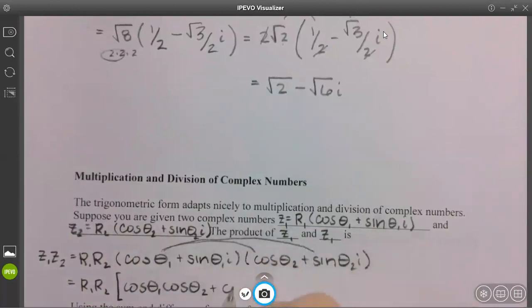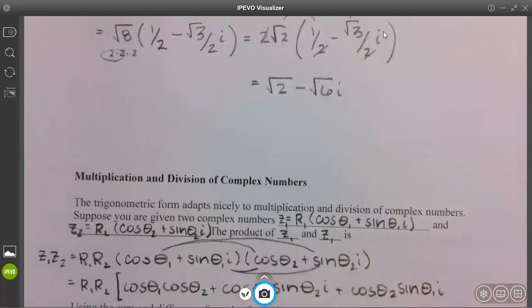We have cosine theta 1 sine theta 2 i. Cosine theta 2 sine theta 1 i.